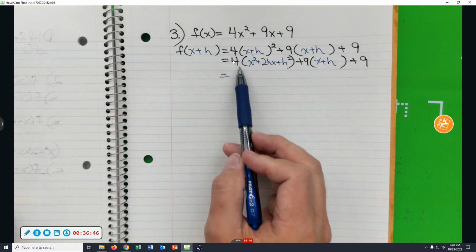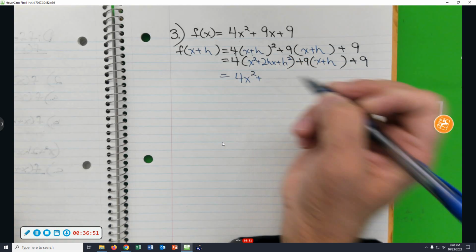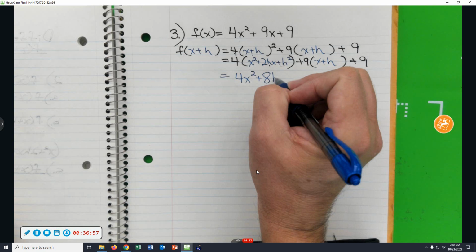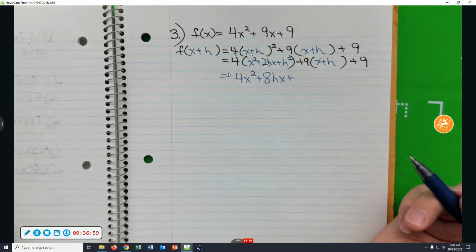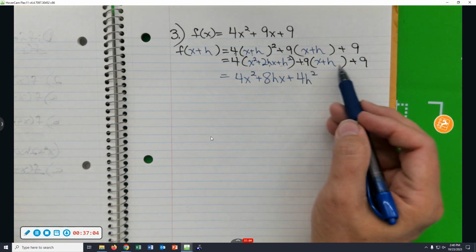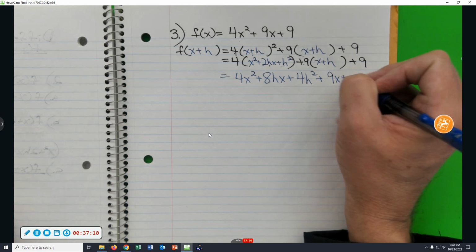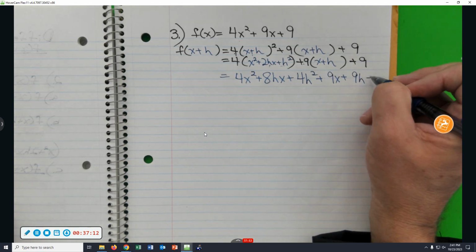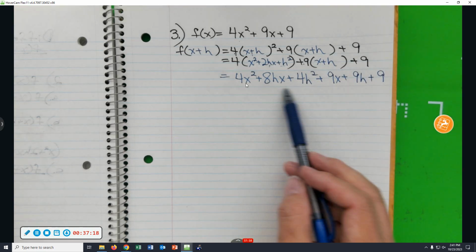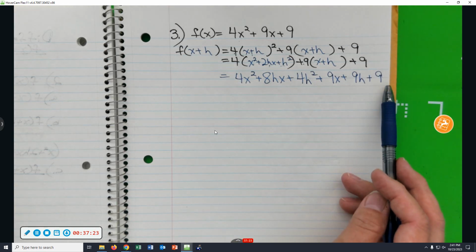The 4 has to be distributed to give me a 4x squared plus here 8hx plus here 4h squared, and then distribute the 9 to give me 9x plus 9h plus, we still have that 9 stuck on there. Notice there are no like terms. Once you find f of x plus h, there are no like terms to combine.